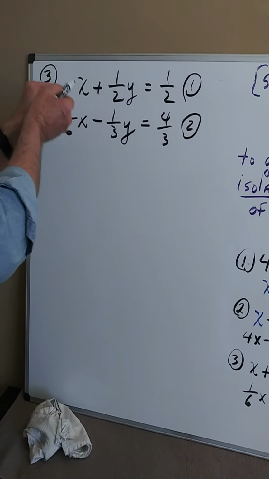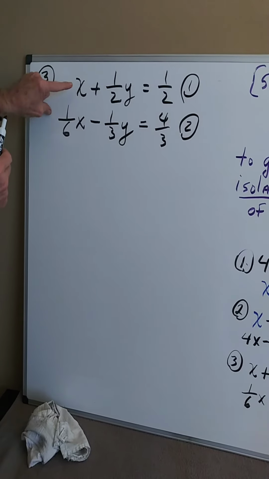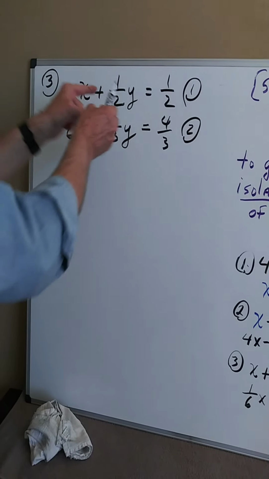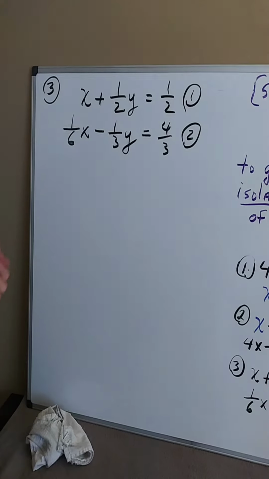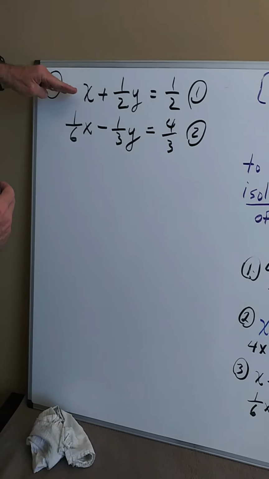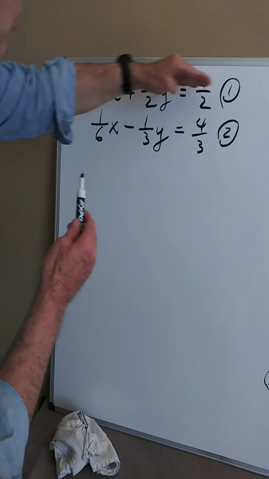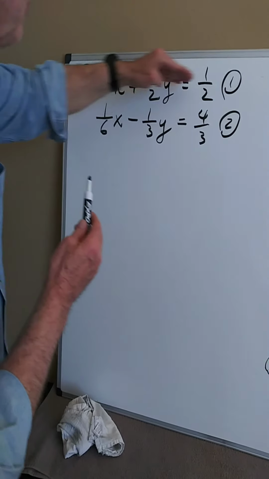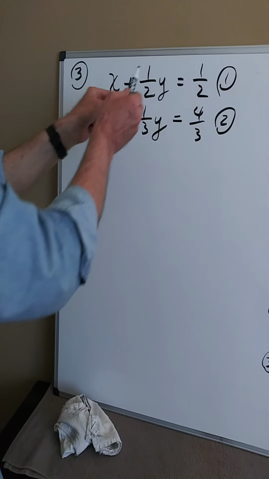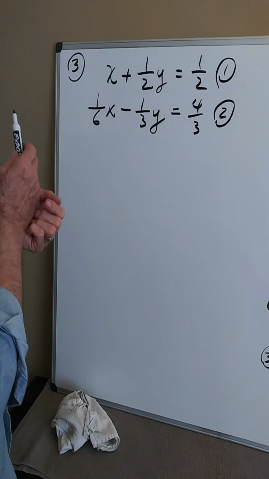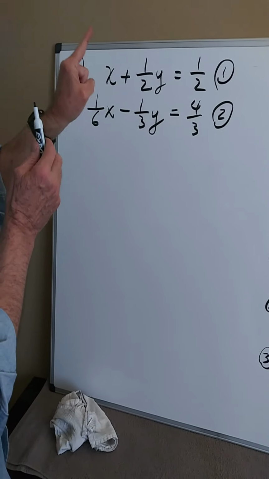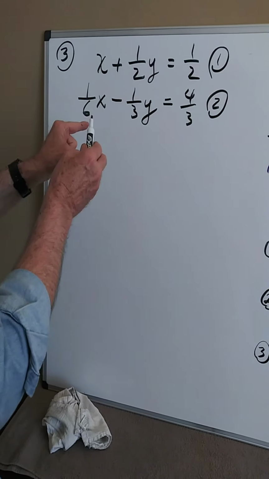But we would not want to take equation number 1 and solve this for x when it's cluttered with all of these fractions. So we're going to do a redo on equation number 1. We're going to rewrite it so it doesn't have any fractions. That's the LCD.